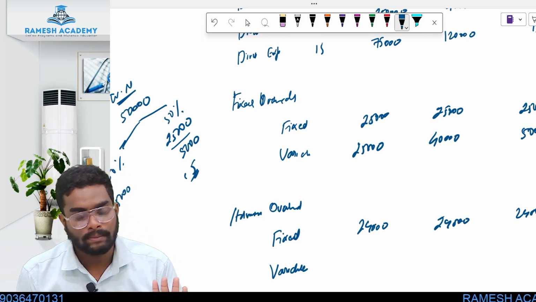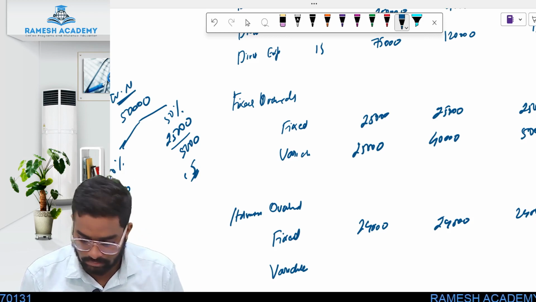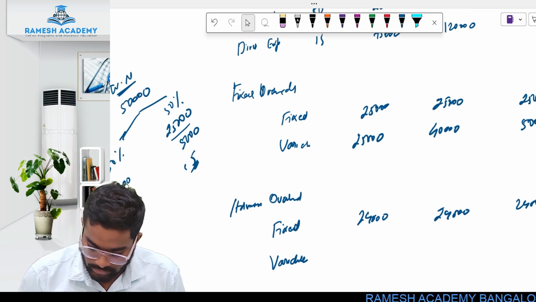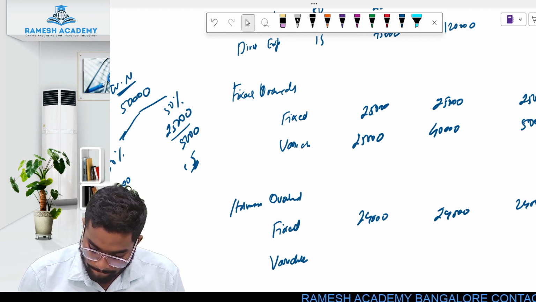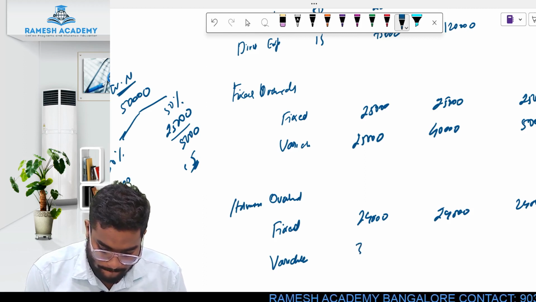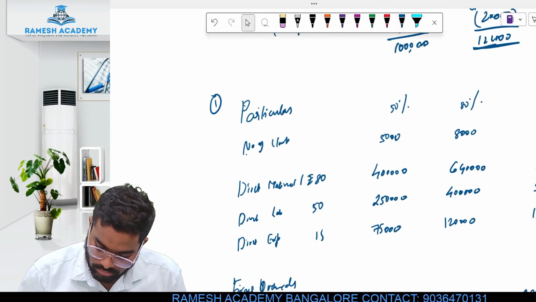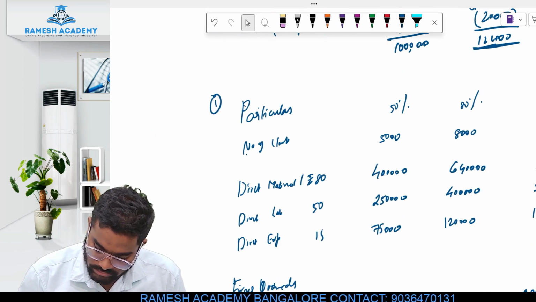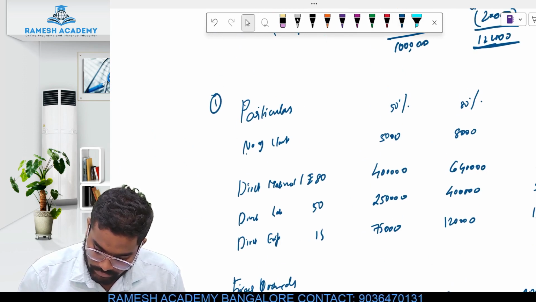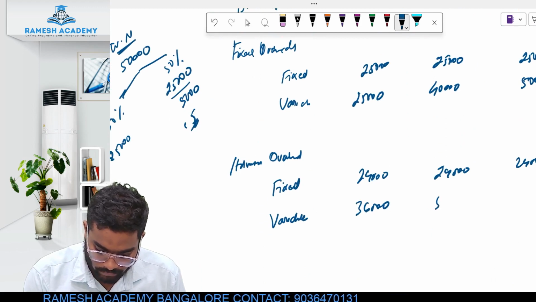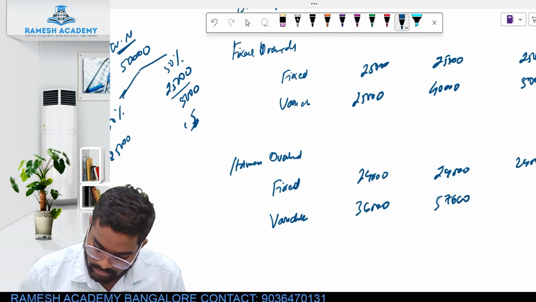So working note is not compulsory. If you are doing working note, it will be an add-on. So 60% is variable. 60 into 36 divided by 5,000 is 7.2. Then 7.2 into 8,000 is 57,600.